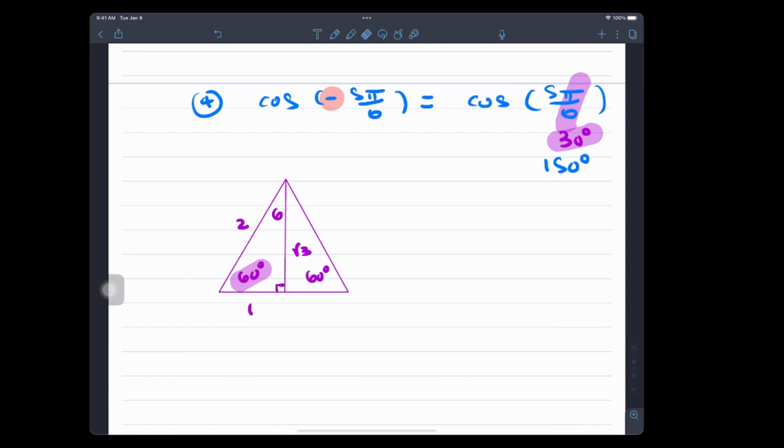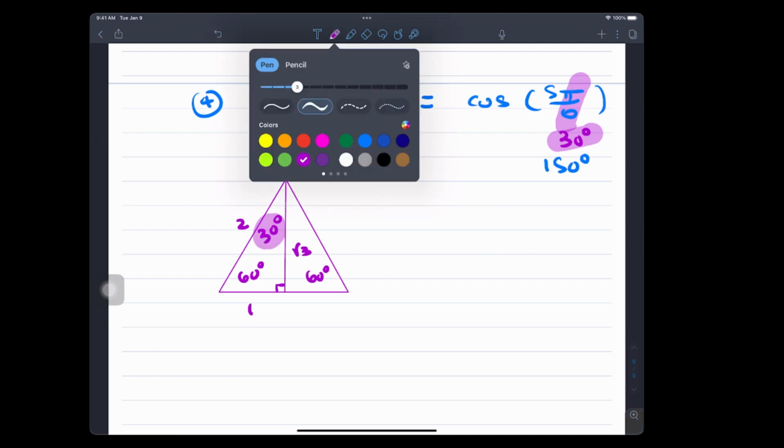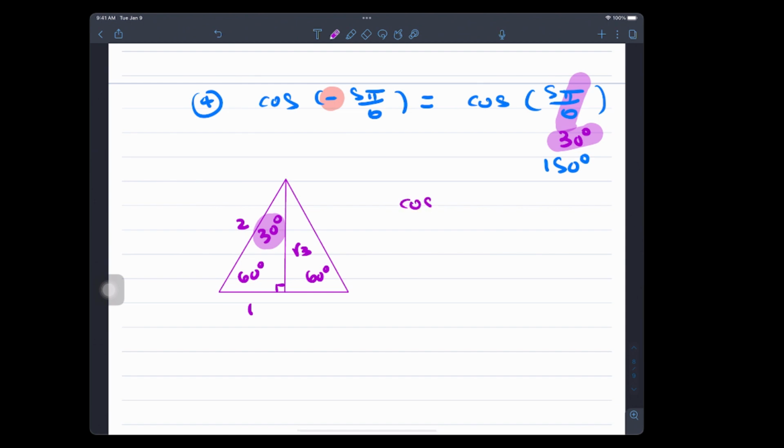You just have to remember some fundamentals of what? Geometry, right? Because if this is 30 degrees now, I have to know cosine of 30 degrees. So cosine pi over 6, which is 30. What's that going to be?